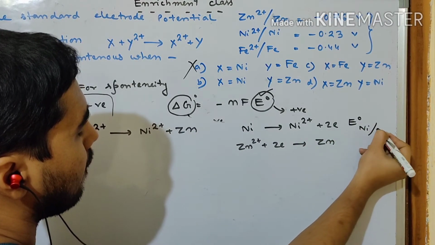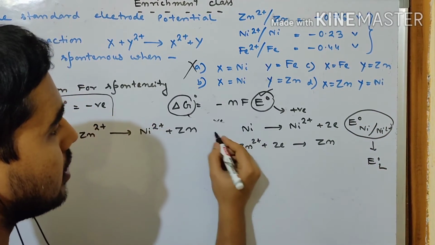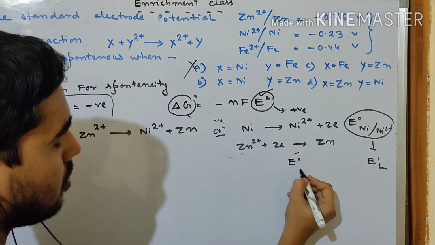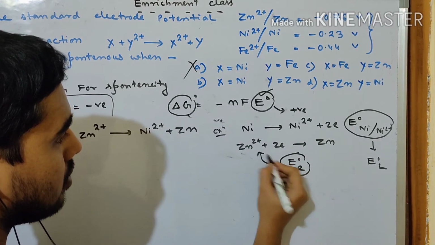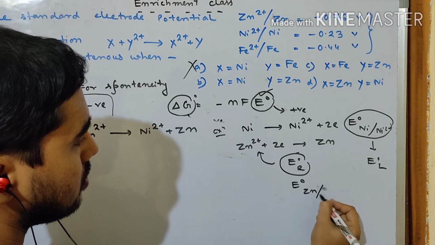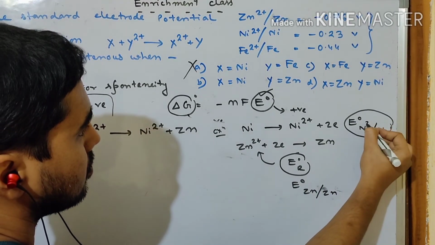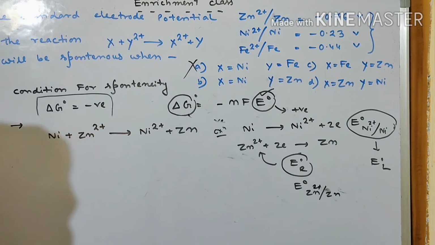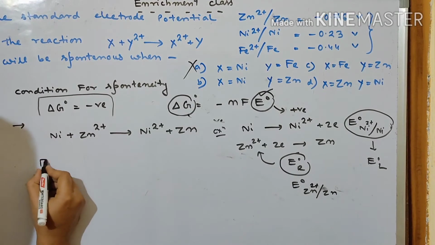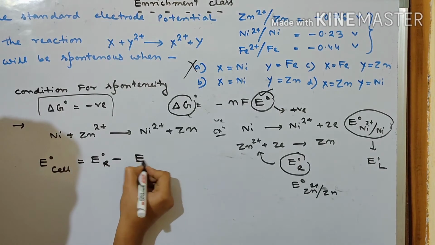When we are getting this, we have already understood that E0 of nickel and nickel 2+, this one is E0L because oxidation takes place, and here E0R will be this one, which is E0 of Zn. Now, same process, E0 of cell should be E0R minus E0L.